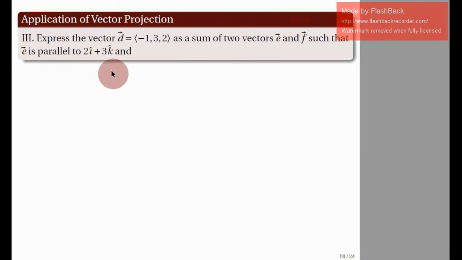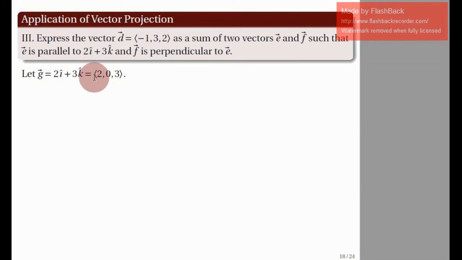One property is that the vector e should be parallel to yet another vector, 2i hat plus 3k hat. And the second property is that vector f should be perpendicular to vector e. Maybe just to name this fourth vector, let's name it vector g. And once again, it is expressed using the standard basis vectors.